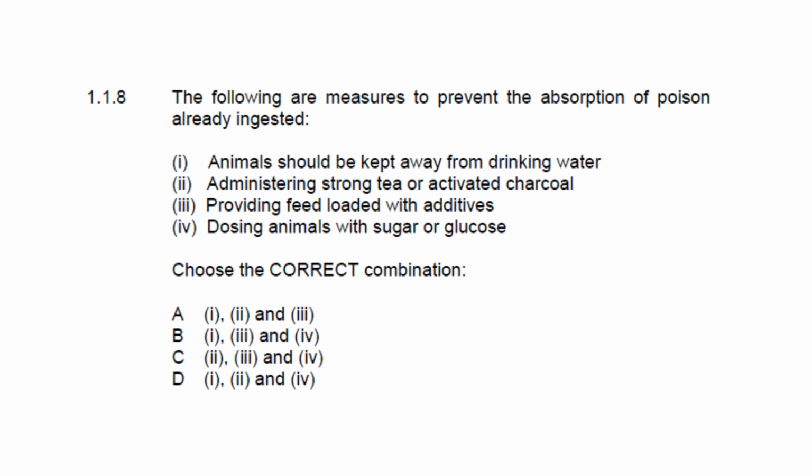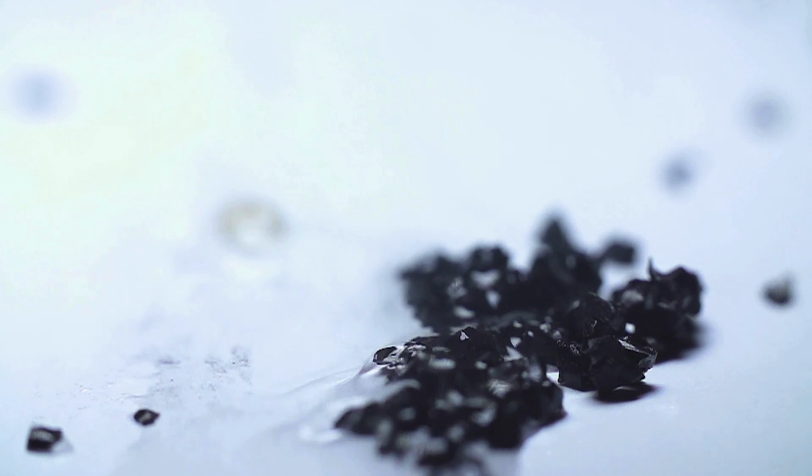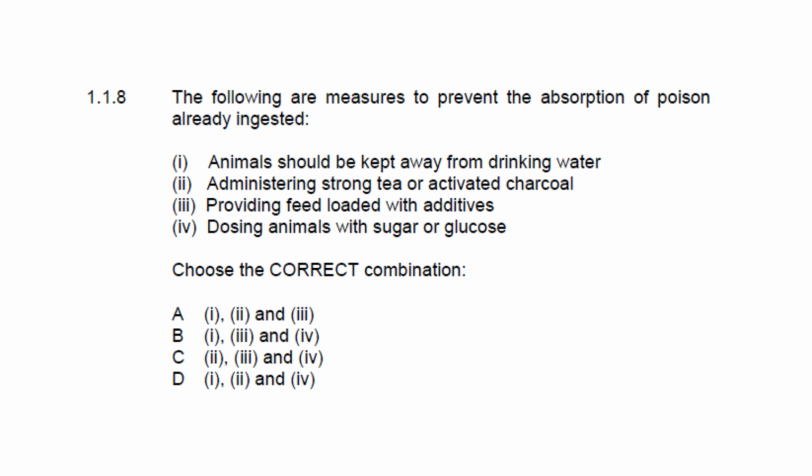What you can do is give them charcoal, guys. Activated charcoal binds toxins. You can also dose animals with glucose or sugar, because glucose provides energy. As I have said, if you prevent them from having water, you are preventing further absorption.